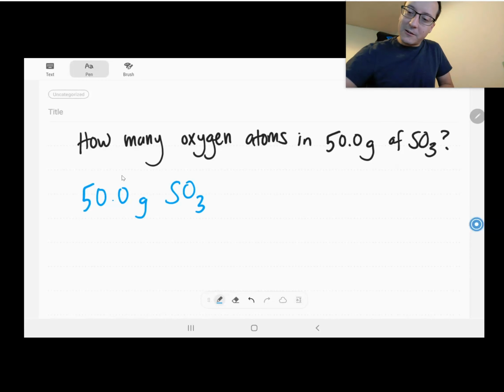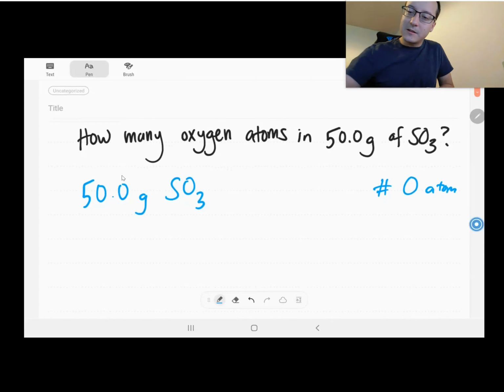We're going to have to figure out somehow to get the number of oxygen atoms from this. Alrighty, so we have to think about how we're going to get there. So going from grams to atoms, we know how to do that, right? We've figured out how to use the molar mass as a conversion factor between mass and number of atoms or molecules.